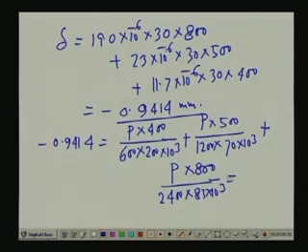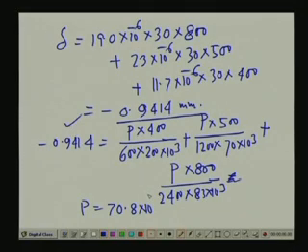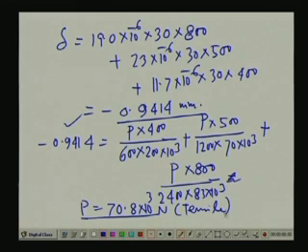This is equal to the value of extension, and from this we get the value of P as 70.8 into 10 to the power 3 Newton, which is tensile.